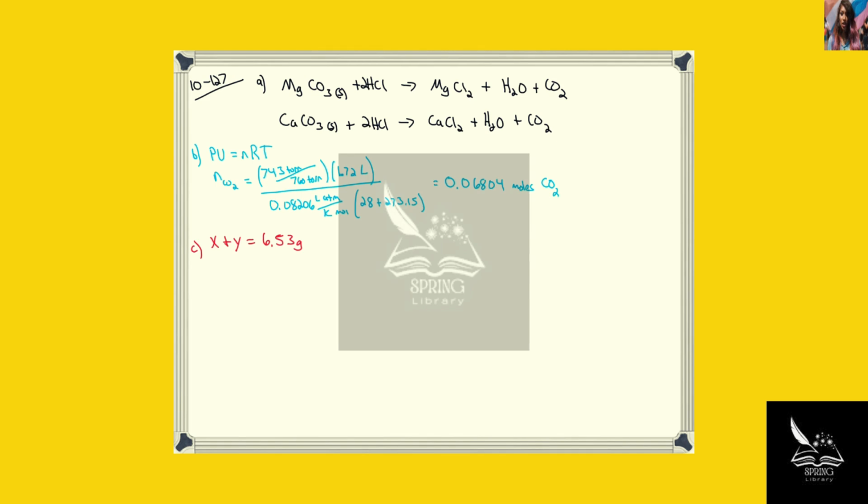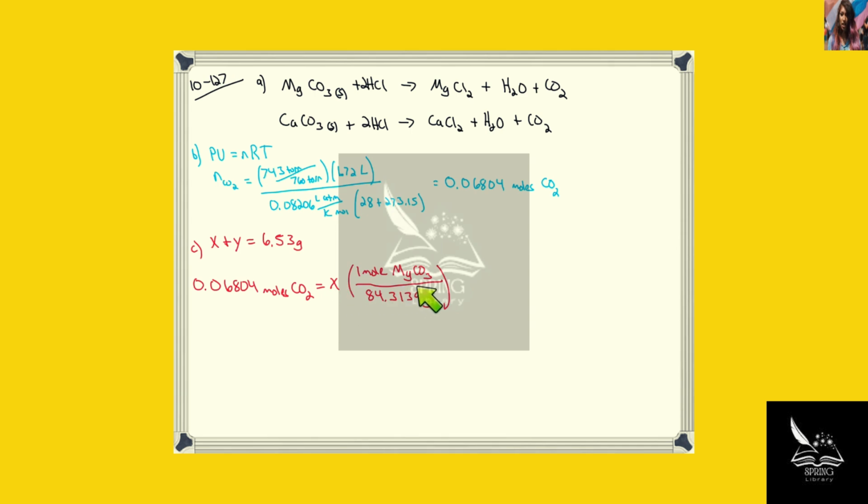The other equation is going to come from the moles of carbon dioxide that was created. The moles of carbon dioxide that was created came from the magnesium carbonate and the calcium carbonate. So if we didn't know the moles of carbon dioxide, but we did know the individual masses of magnesium carbonate and calcium carbonate, we could solve for the moles of carbon dioxide by taking the mass of magnesium carbonate, which we define to be X, which we currently don't know, and we would divide it by the molar mass of magnesium carbonate.